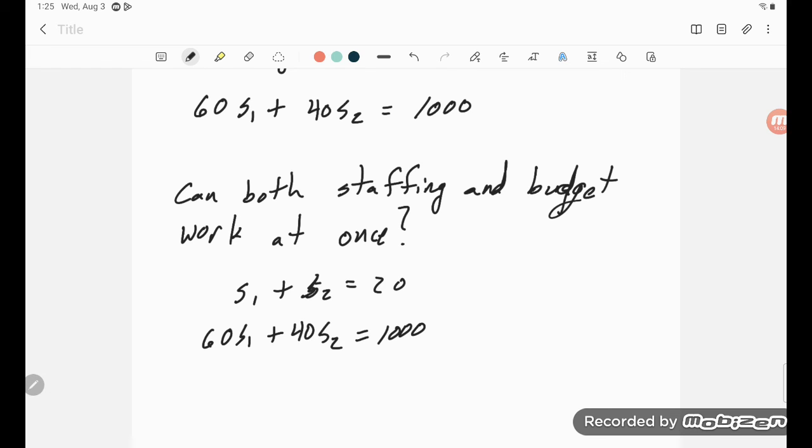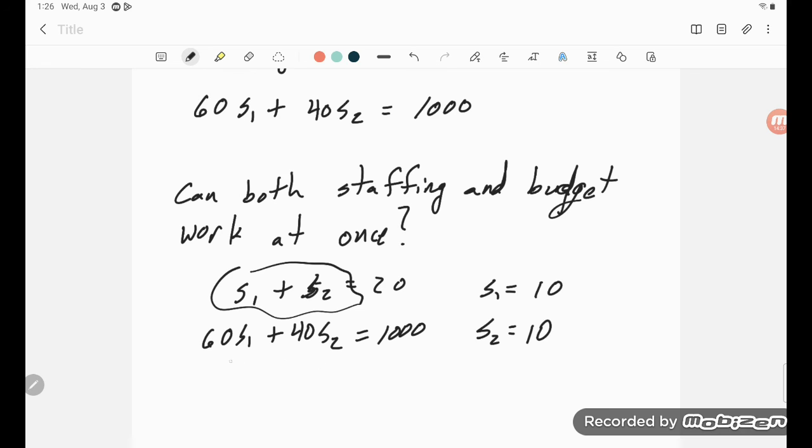In other words, can I say S1 equals something, S2 equals something, and have these both work? And actually, as it turns out, I made this up myself, so I know that 10 and 10 work. And so that would be a solution, because 10 plus 10 does indeed equal 20.